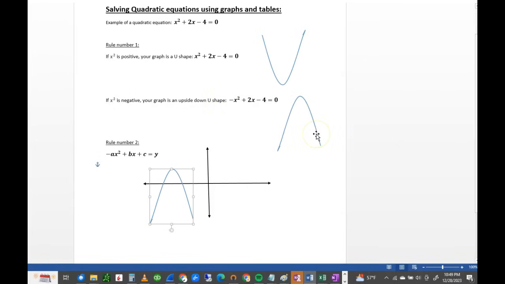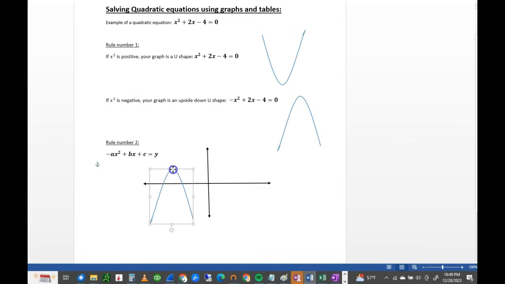The second rule: this is your x-axis and this is your y. If your plot crosses the x-axis, just like this curve, you have two solutions, this point and this point.